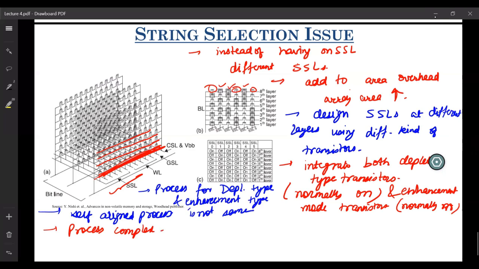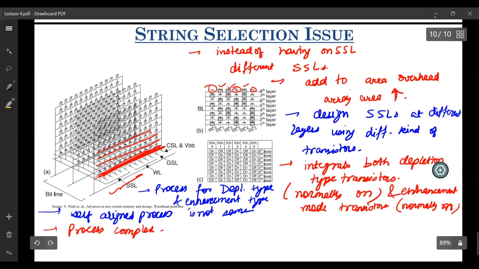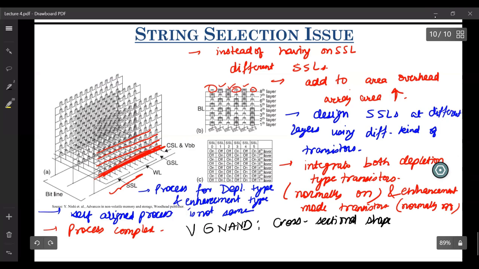On top of that, one more thing that I want to clarify here is, for this VNAND, since the cross-sectional shape is rectangular, and you don't have a gate-all-around structure, it's a double gate structure.